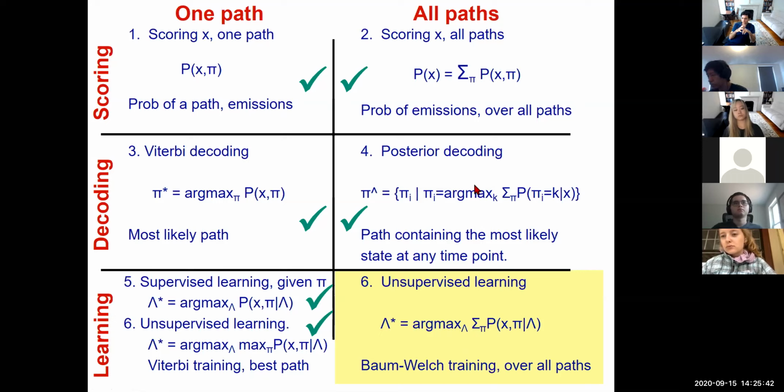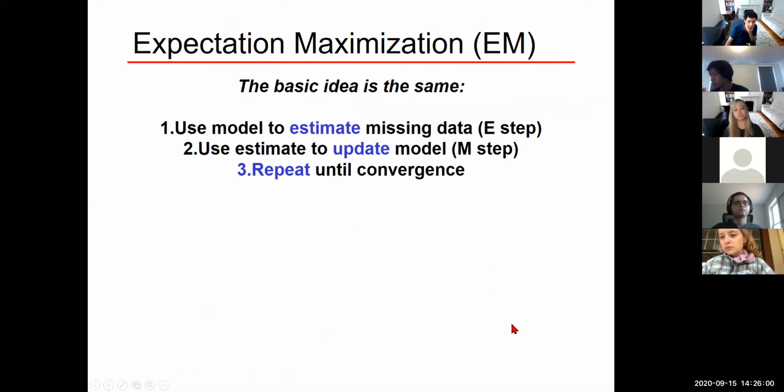Instead, what we want is all interpretations and all paths, not just one path, the posterior decoding path. So what we're going to be doing is summing over all paths this total probability, and then maximizing the set of parameters, summing over all those paths.